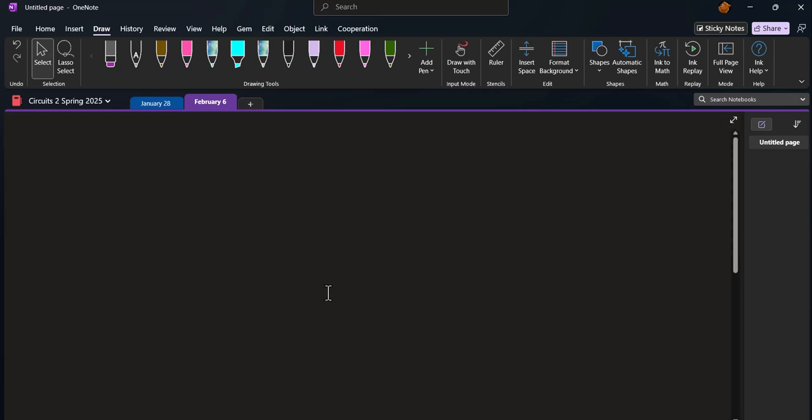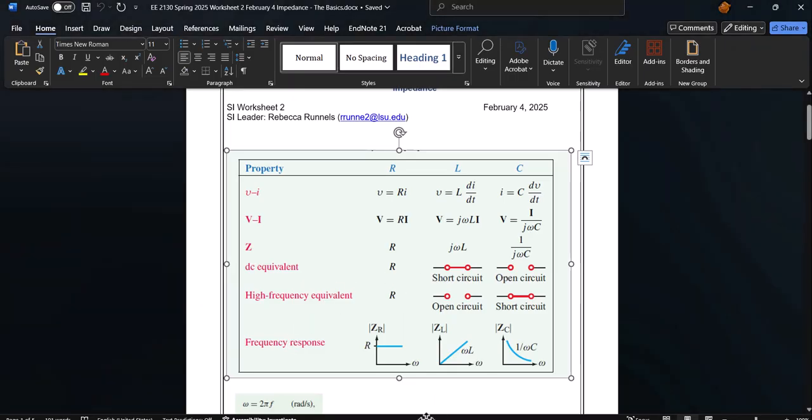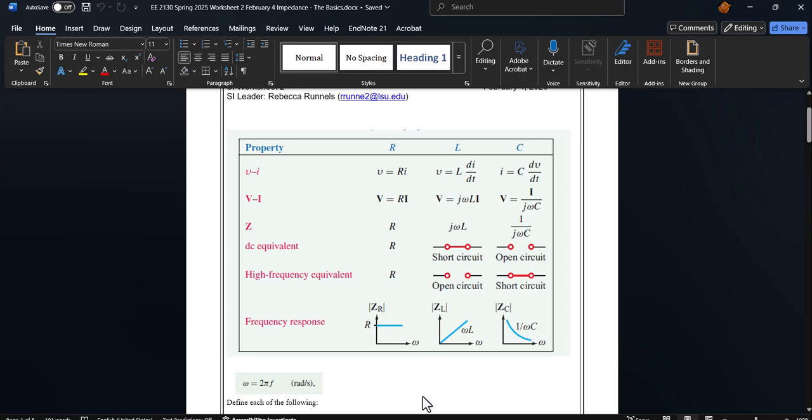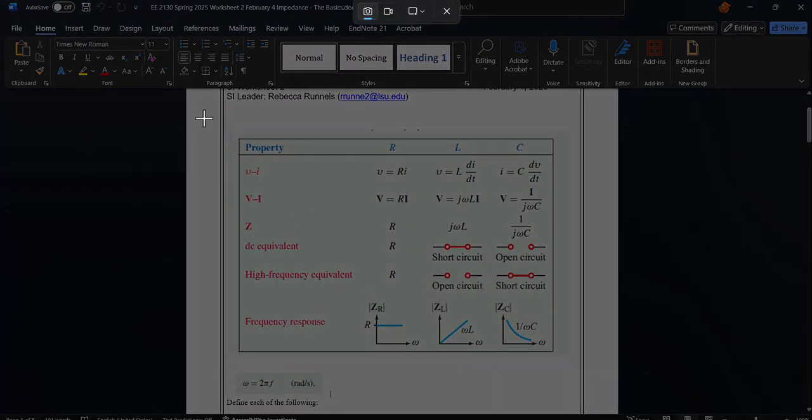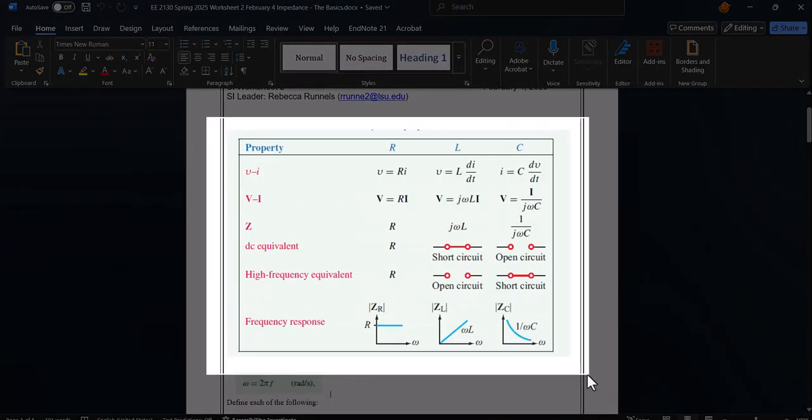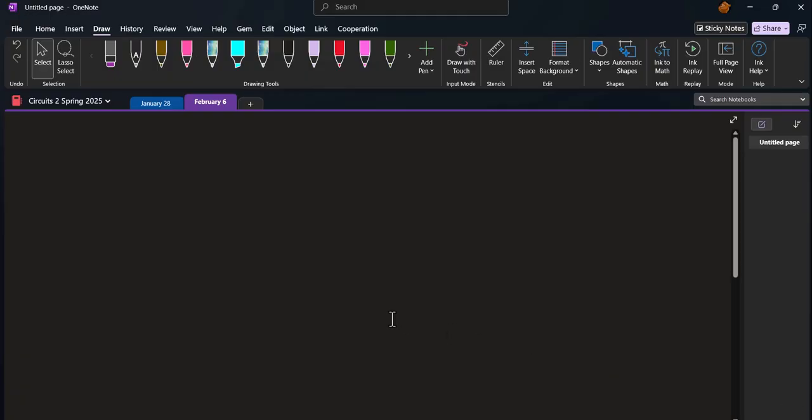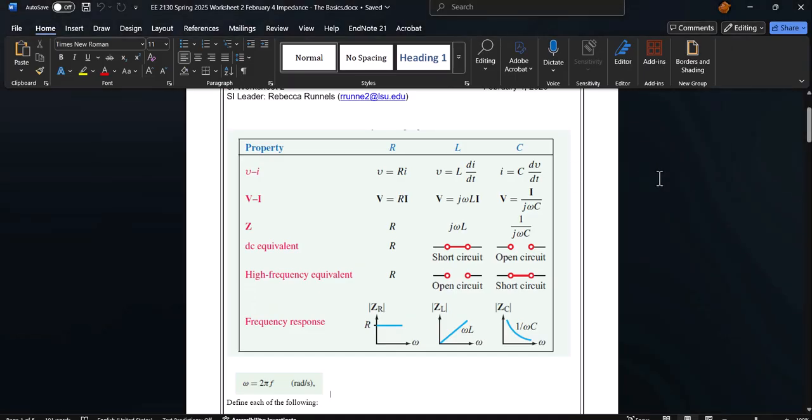Doesn't appear to be pasting. Why is it not pasting? Okay, I give up. I'll just leave it here.